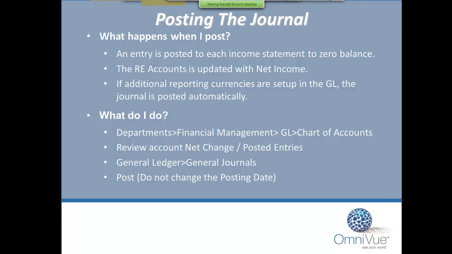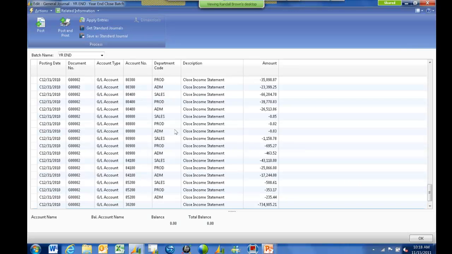If you use additional reporting currencies that are set up, these journals are also automatically posted. So in this case, all we're going to do is post and print this journal, and it's going to run through and remove all the revenue and expenses from the account.